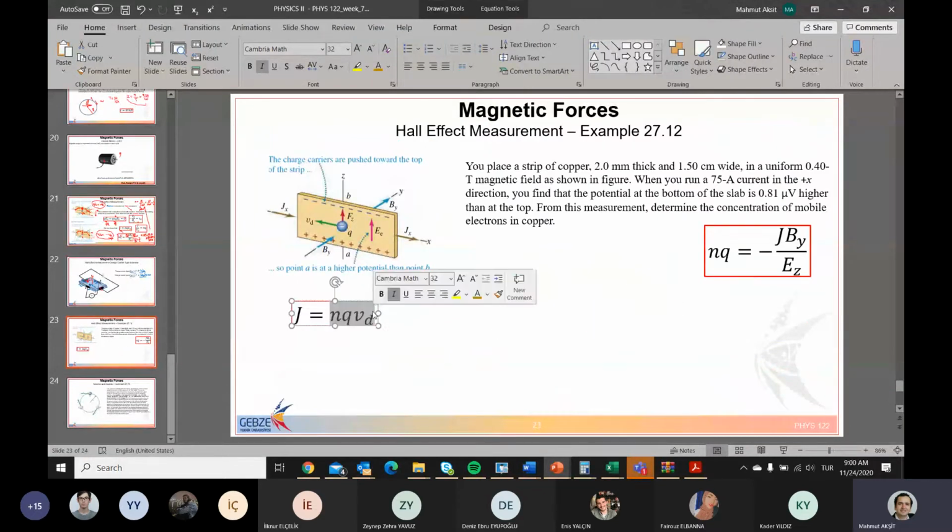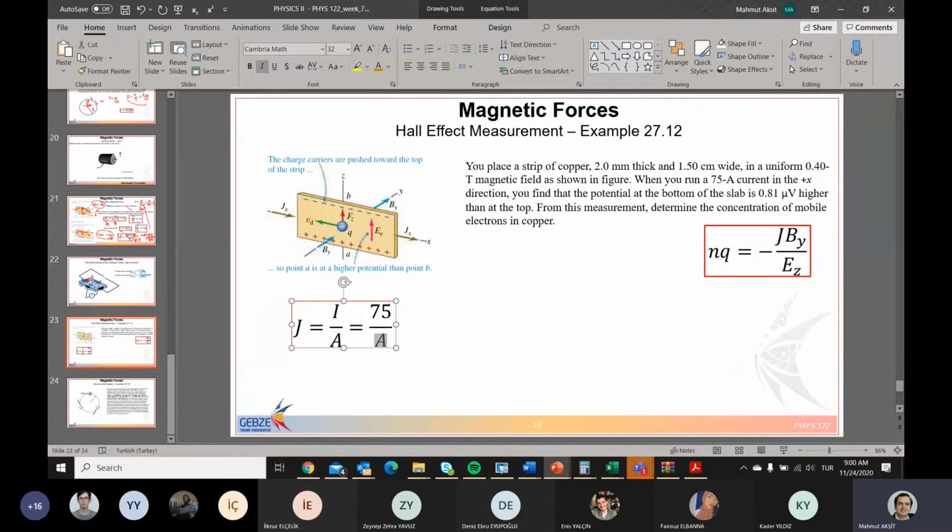Current density is what? Current divided by area. And that is, in our scenario, here's how you're going to do it. Current is 75 amps.